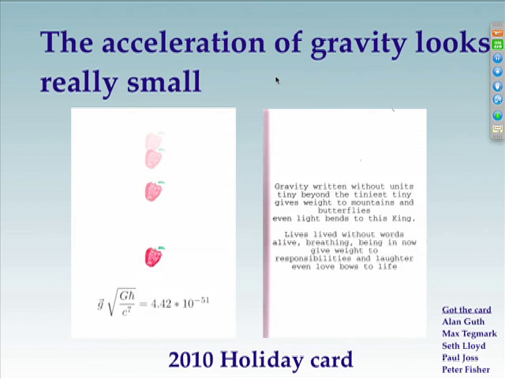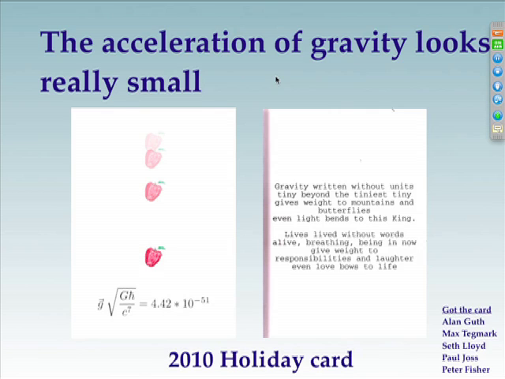That's an apple falling, and it is gaining twice as much in each subsequent step, as it were. And the math is the acceleration of gravity, g, which is 9.8 meters per second squared, times the square root of g, a small number, h, a small number, divided by c to the 7th, a large number, ends up equaling 4.42 times 10 to the minus 51 as a number, okay?